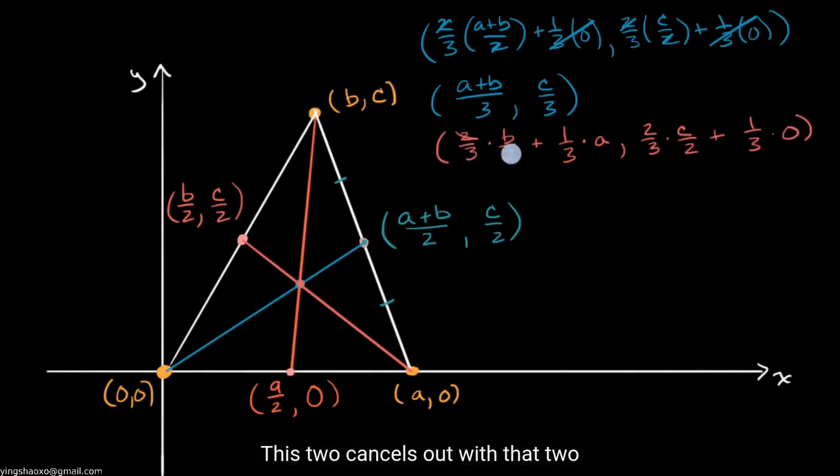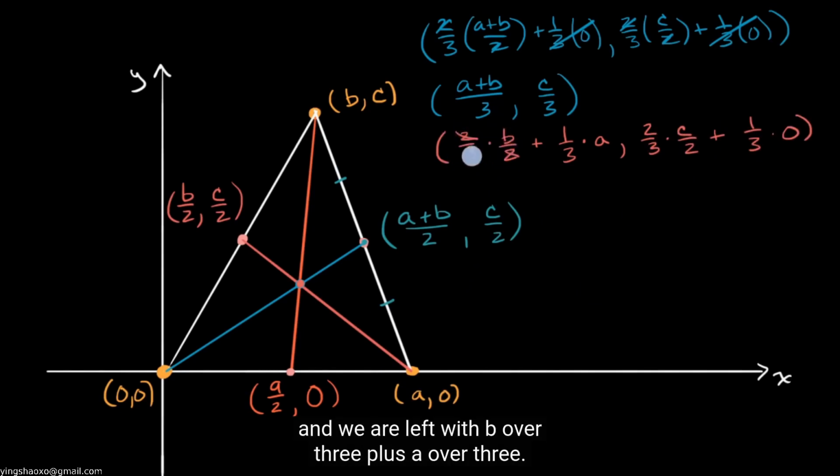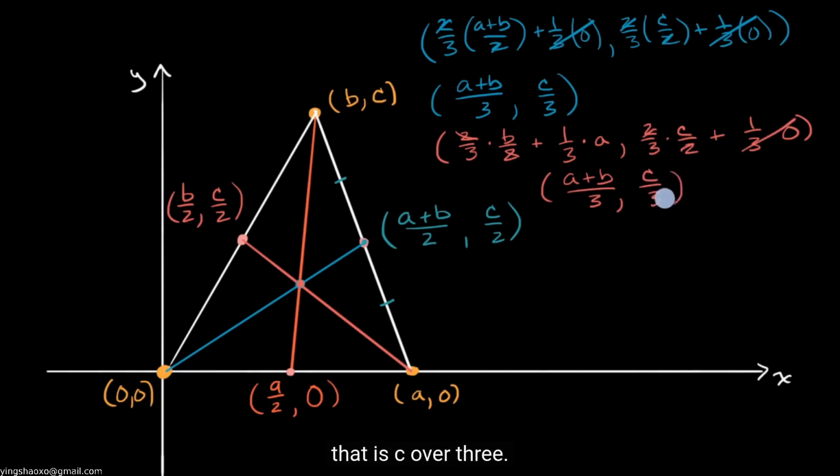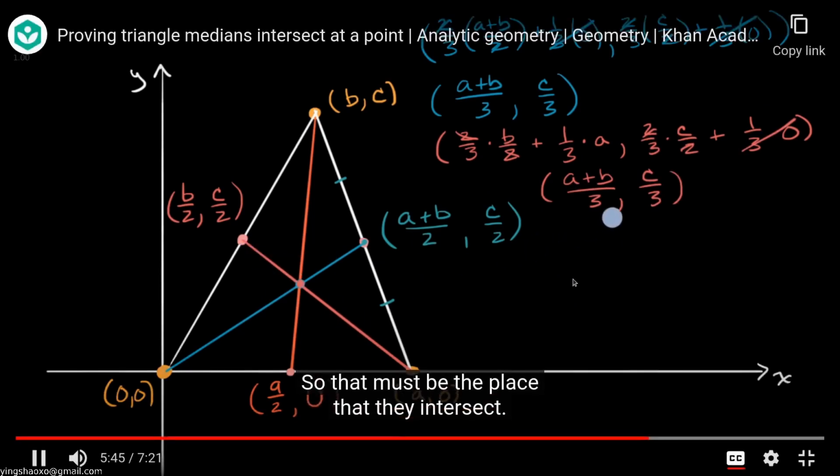Well, let's see. This 2 cancels out with that 2, and we are left with b over 3 plus a over 3. So that's the same thing as a plus b over 3. And over here, that's 0. That cancels out. That is c over 3. So notice, this exact coordinate sits on both the blue median and this pink median. So that must be the place.